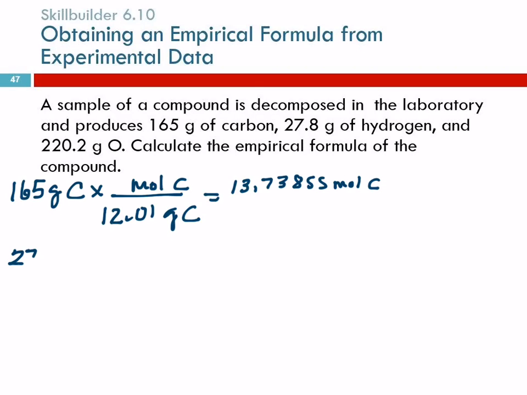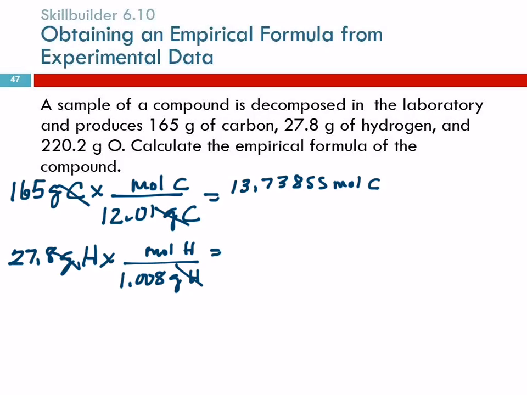27.8 grams of hydrogen. I'm going to use the molar mass of hydrogen to find how many moles of hydrogen that is. 1.008 grams of hydrogen. Oh, I didn't cancel my units. So 27.8 divided by 1.008. 27.5794 moles of hydrogen.